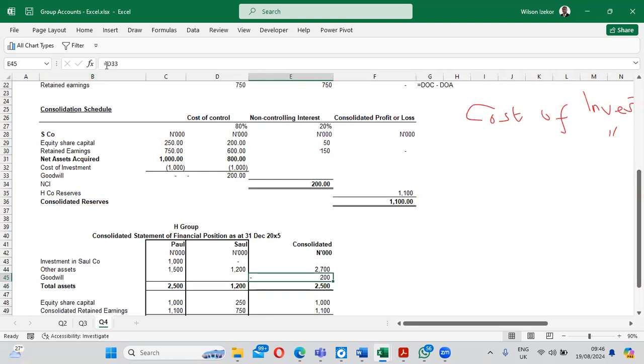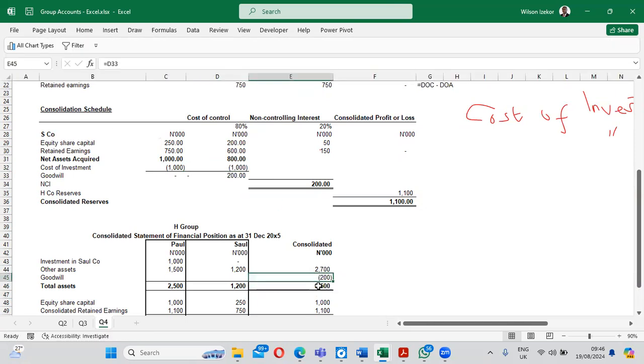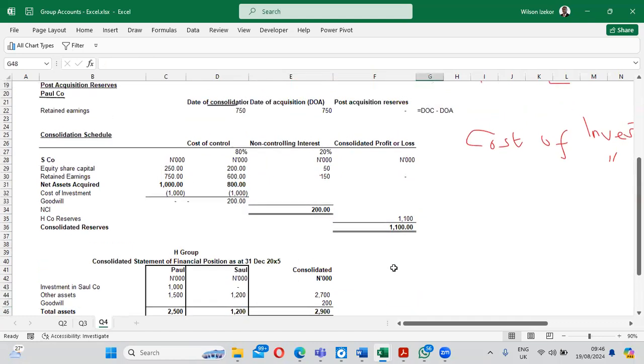Okay, so it's not negative, it is positive. So that gives you 2.9.